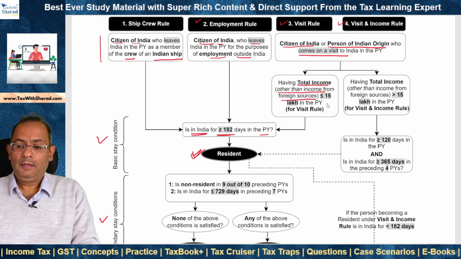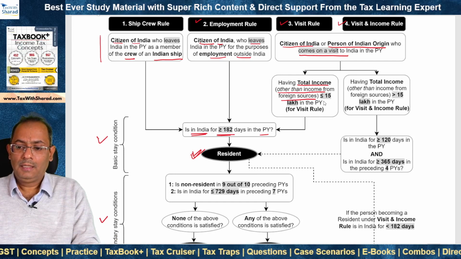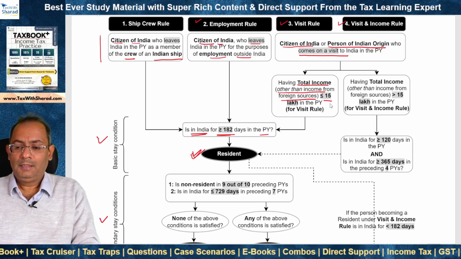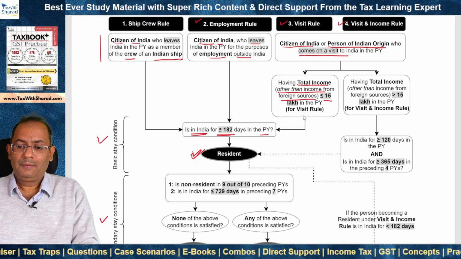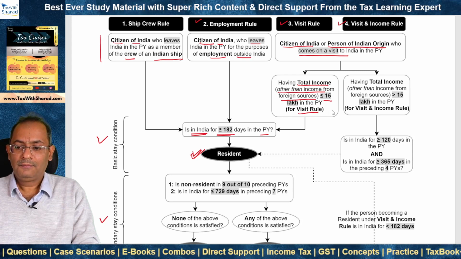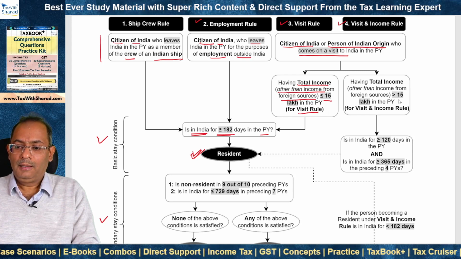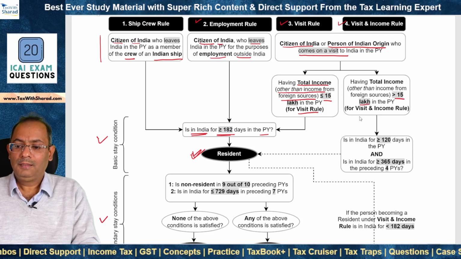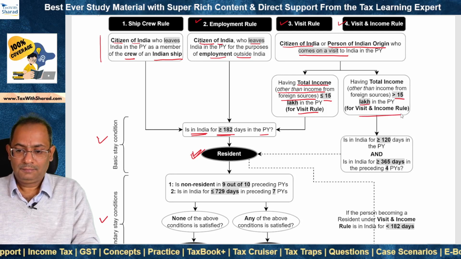If such total income other than income from foreign sources is less than or equal to 15 lakh in the previous year, that means it doesn't exceed 15 lakh, then the visit rule applies. And if such total income other than income from foreign sources is greater than 15 lakh in the previous year, then visit and income rule applies.